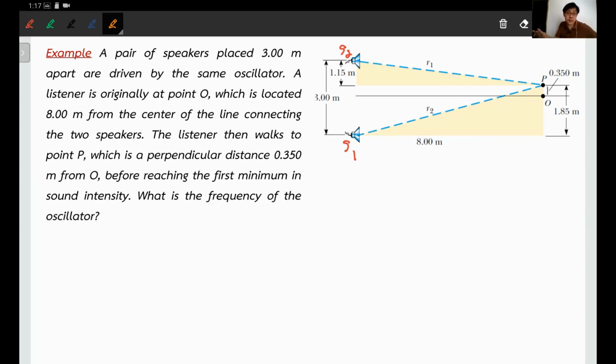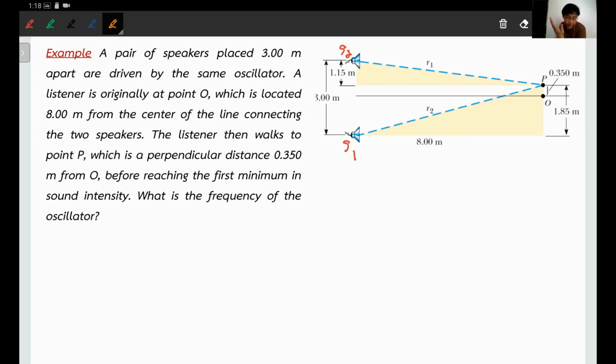So that means these two speakers give out the same sound waves. A listener is originally at point O, which is located 8 meters from the center of the line connecting the two speakers. So point O is right in the middle. Perfect.